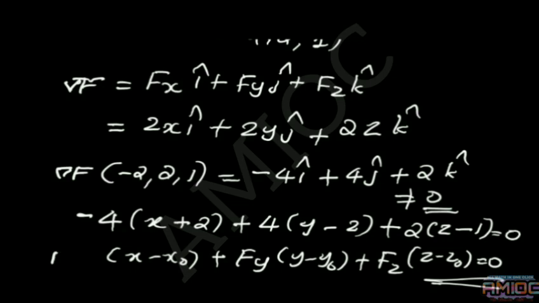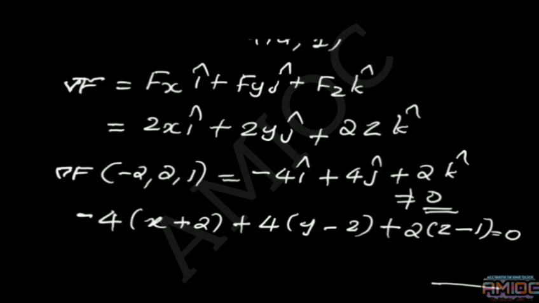If we reduce the equation, we can cancel 2 from each term. Here, this term contains 2, this term contains 2, also this term contains 2.